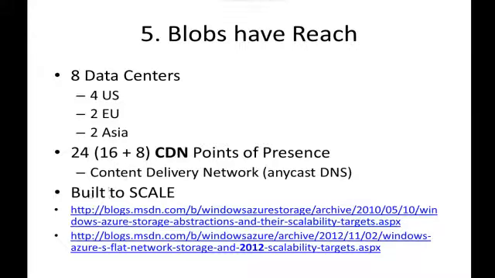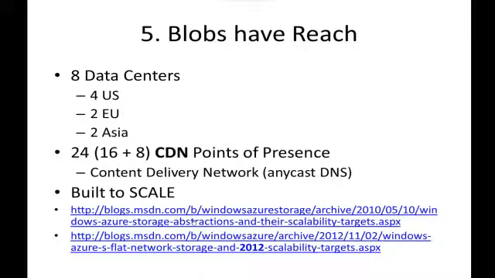Now, another aspect of being built to scale, so we have the 8 data centers distributed around the major commerce points in the world. We have the additional 16 CDN points of presence, and all 8 data centers also serve as CDN points of presence. Great dimensions, and there's still one other dimension.